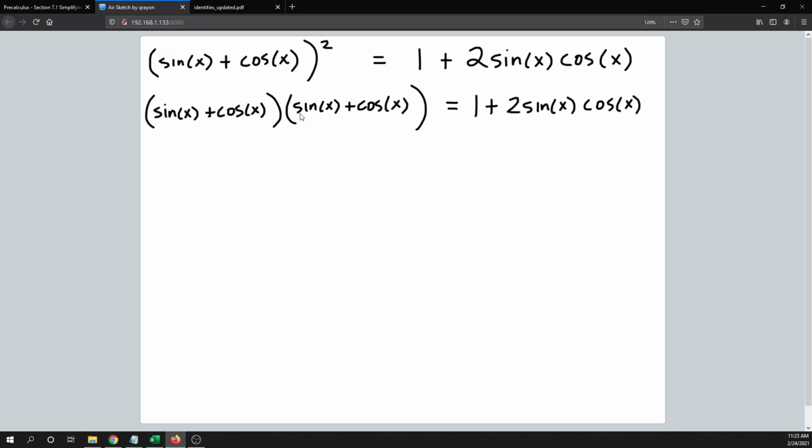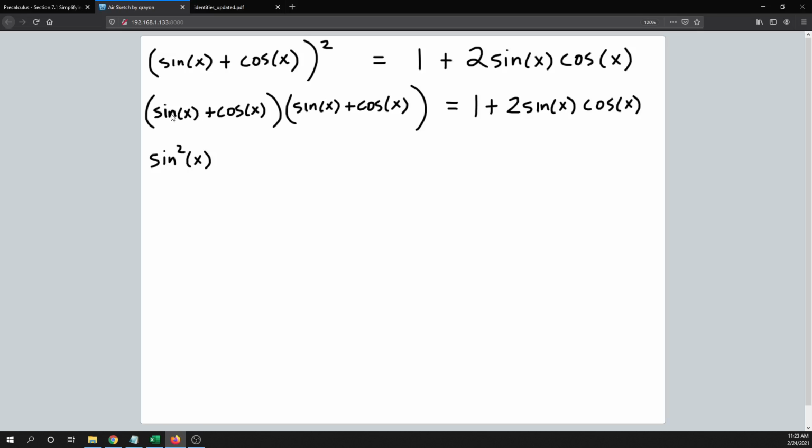And the next thing that I want to do, if I look over on the left-hand side, right, I have a binomial right here and another binomial here, and I want to multiply those out, right? So there's lots of different methods that people will use, right? But, right, I just use the FOIL method, first times first, right? So sine x times sine x is sine squared x.